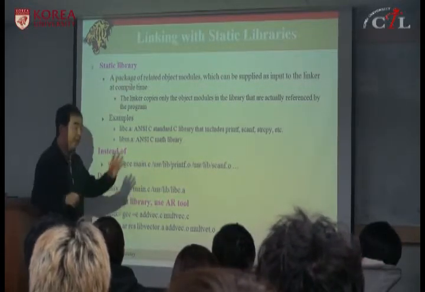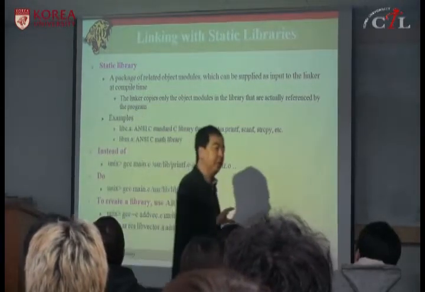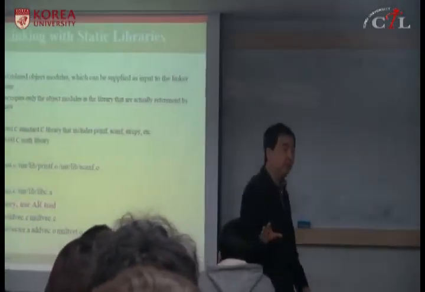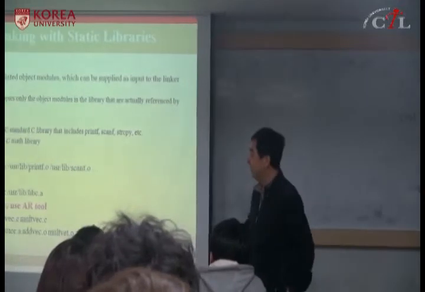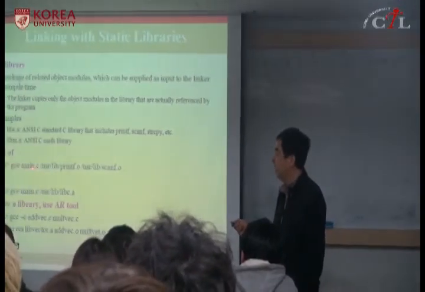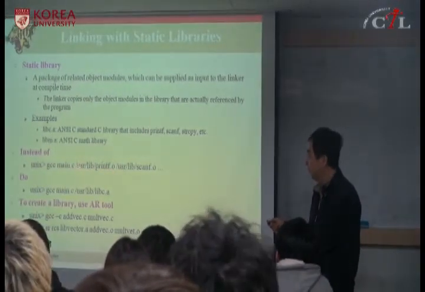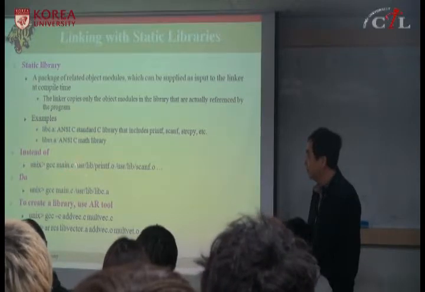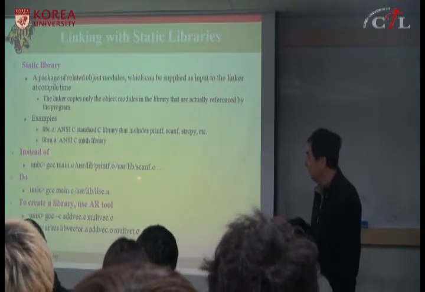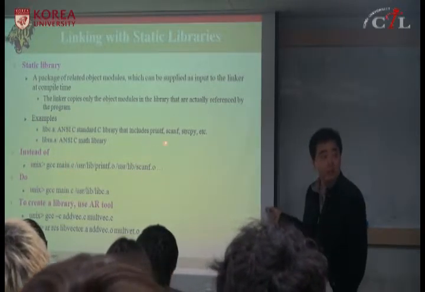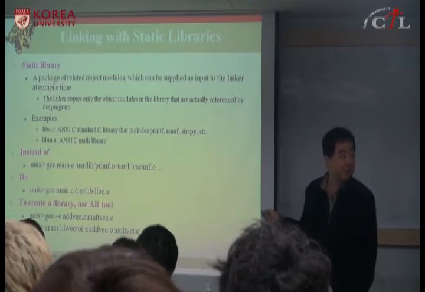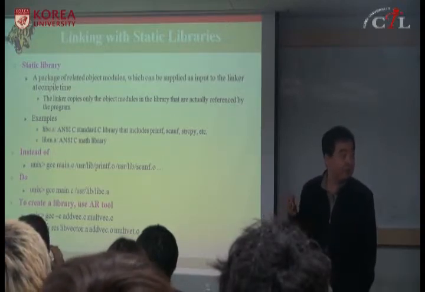So if you have m.o, a.o, and you are using printf, you can do it like this: gcc compile main.c, and then printf.o scanf.o. You can enumerate all these functions. But you have to remember.